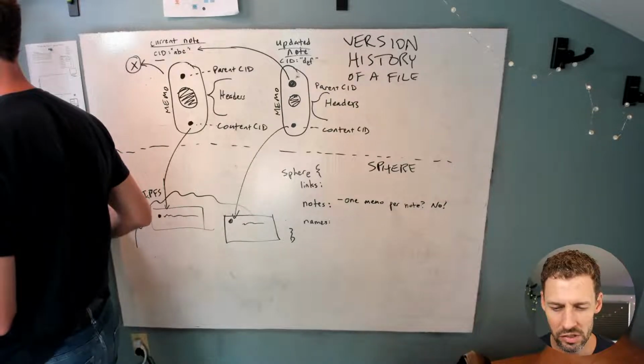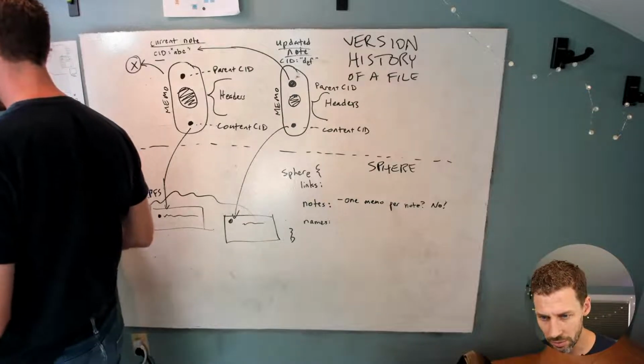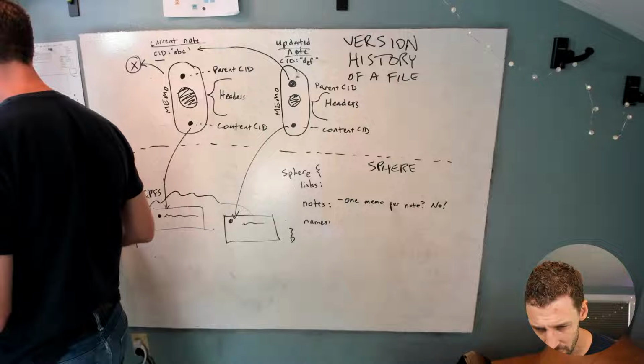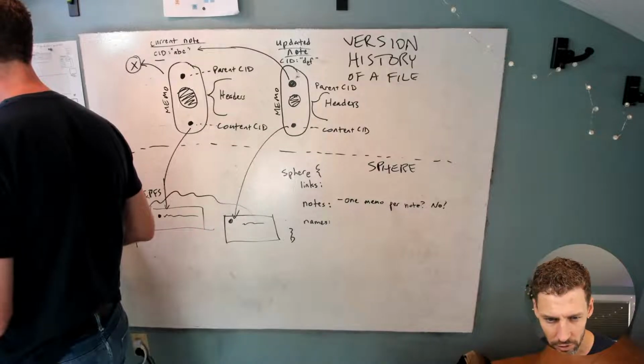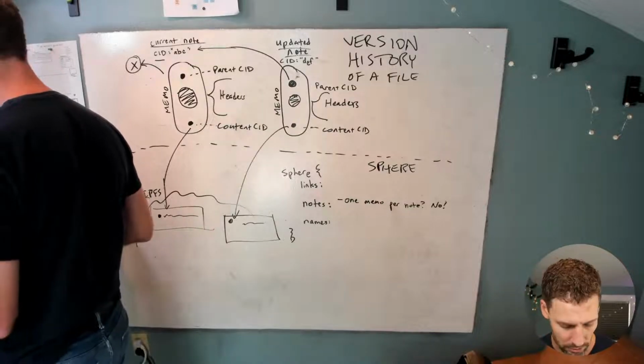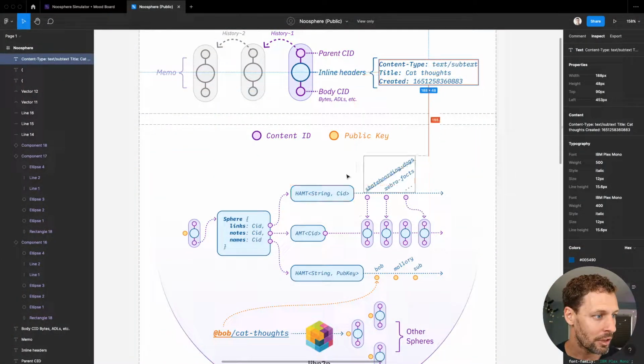Because this will operate more like a tree of different ones. Oh yeah, here we go. Here's a good example. In this case, we've got a memo that's stored in here, but it has no link pointing to it. Sorry, I'm pointing at stuff and you can't see it. Here we go, on the screen here.